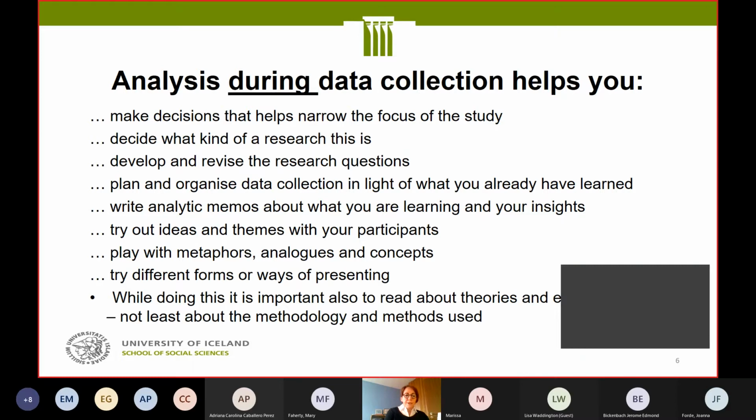And you can write them separately. You can write them as reflections on your data. You can write them at the end of your transcript. The most important thing is that you write down. And that is a part of trying out how things work within your data.